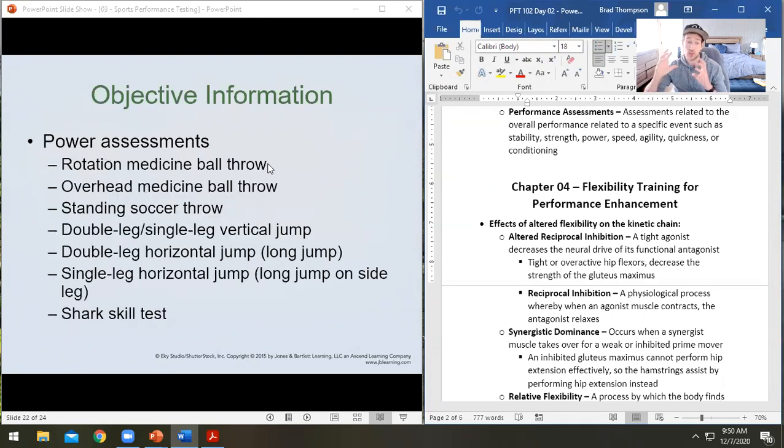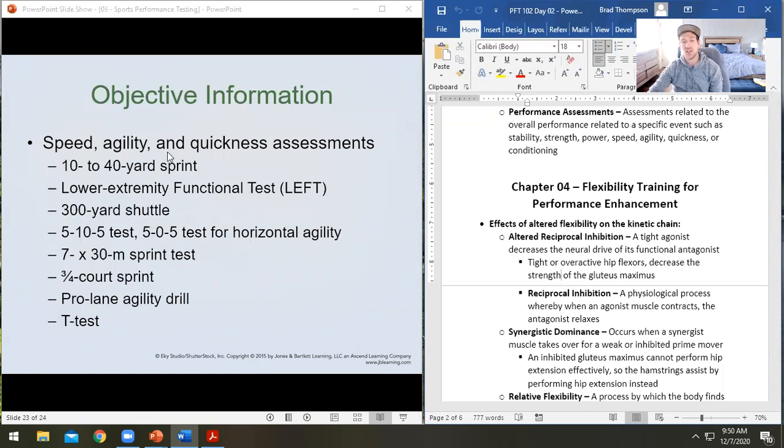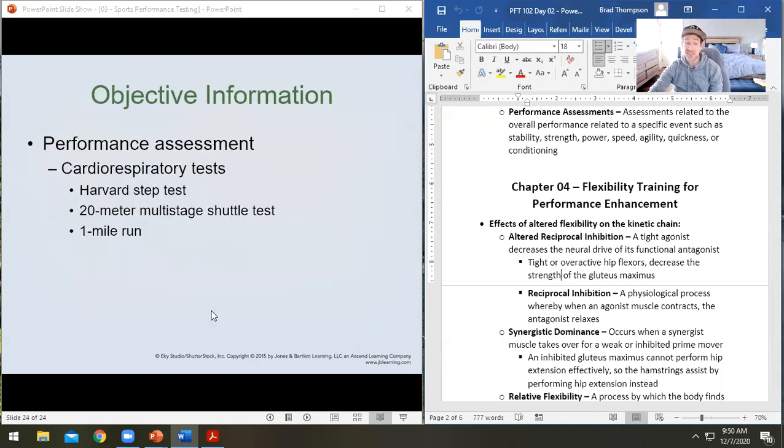Power assessments: all the throwing, like the jumping, right? The overhead throw, the reverse throw, the rotation throw, the double leg jump, the single leg jump, the broad jump. And then we saw a lot of SAQ ones: 40-yard sprint, LEFT test, 300-yard shuttle, 5-10-5, 5-0-5, the 30-meter sprint test, T-test, all those.